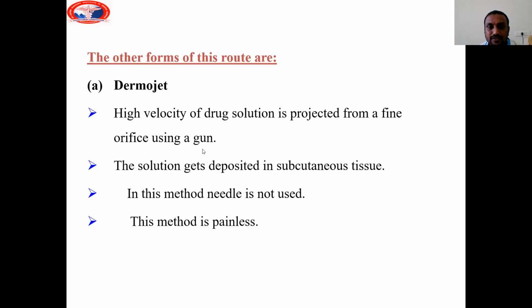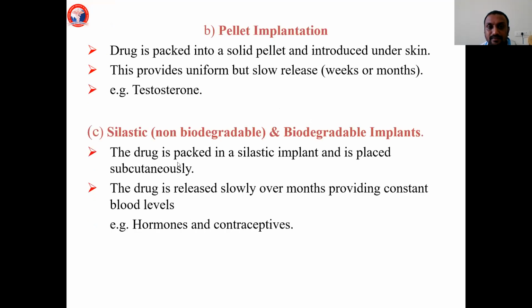The other forms of this route are the dermojet, where a high velocity drug solution is projected from a fine orifice using a gun. Here, the solution gets deposited in the subcutaneous tissue. In this method, a needle is not used and it is painless. Coming to pellet implantation, the drug is placed in a solid pellet and introduced under the skin.